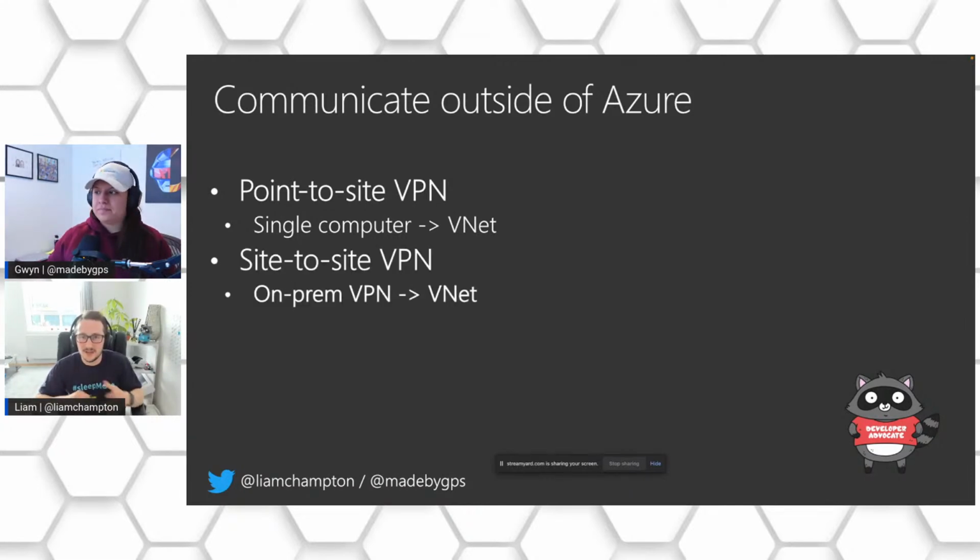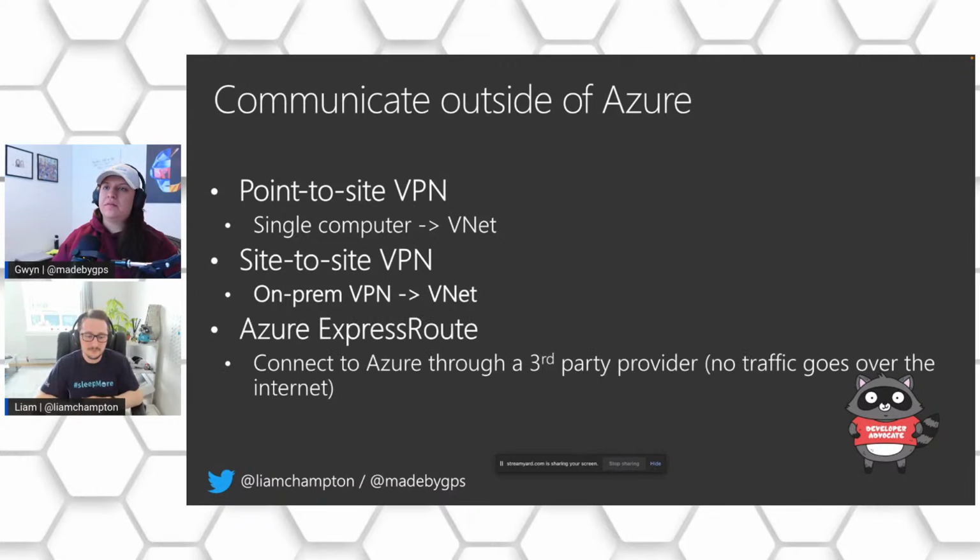Secondly, we have site-to-site VPN. Site-to-site VPN is a bigger version of point-to-site. You've got on-premise networks, so you might have a local network talking to a virtual network in the cloud. Again, it's done through a VPN, through an encrypted tunnel. And then finally, we have Azure ExpressRoute.